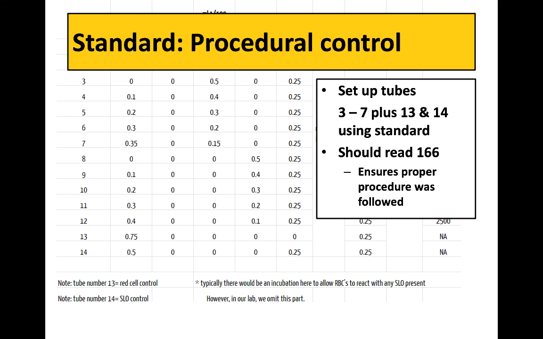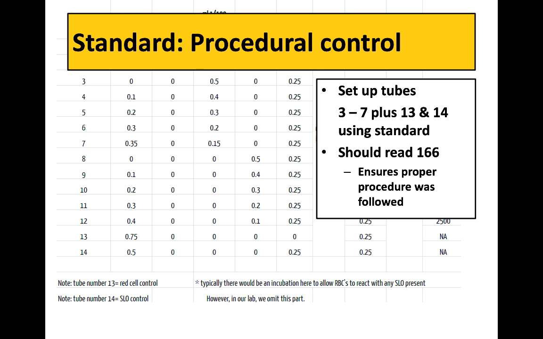With that standard, you follow the directions as though it was serum for tubes 3 through 7. And in the end, if you did everything right, your standard tubes should read 166. If your standard tube titer does not read 166, then that means you did something wrong. There was something wrong with the procedure and it needs to be redone.